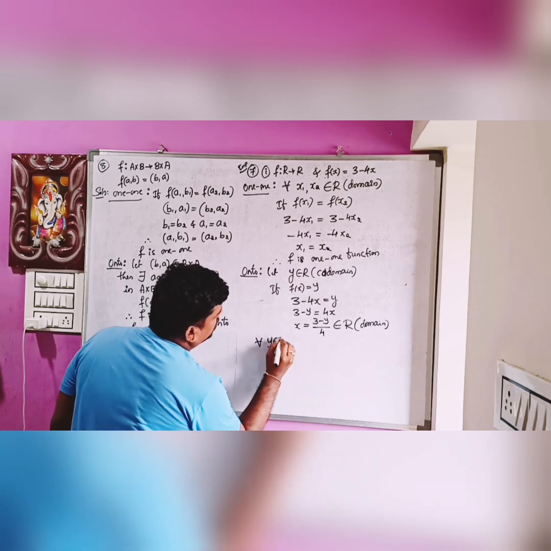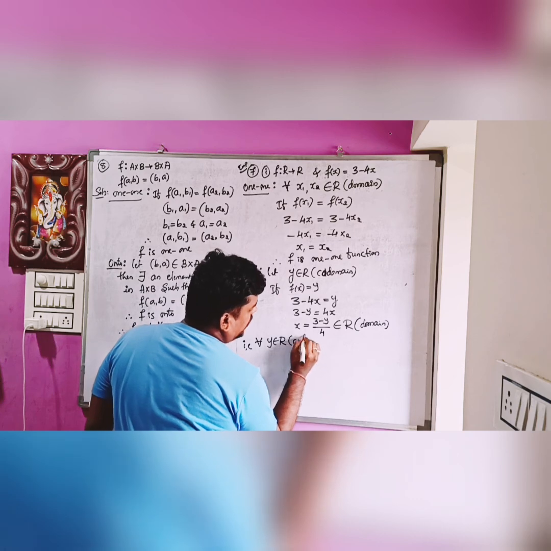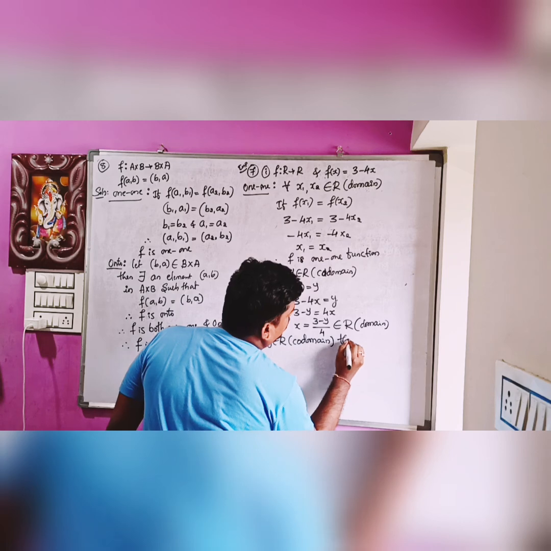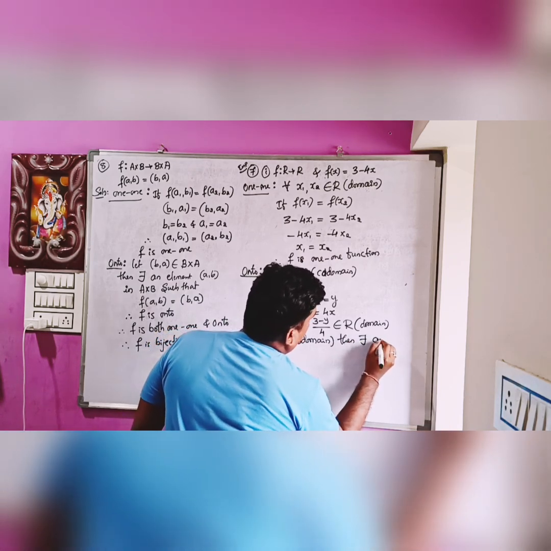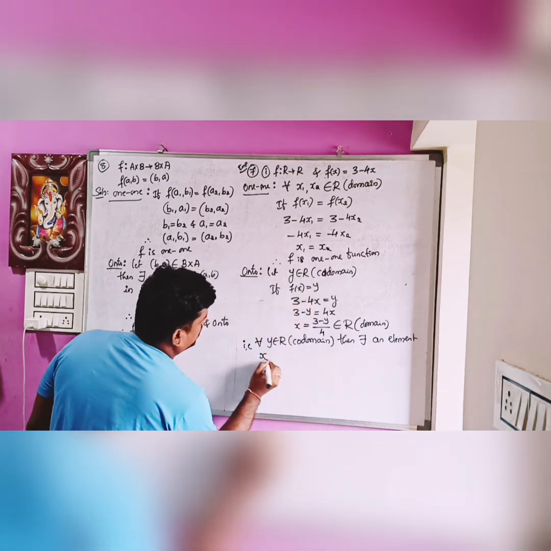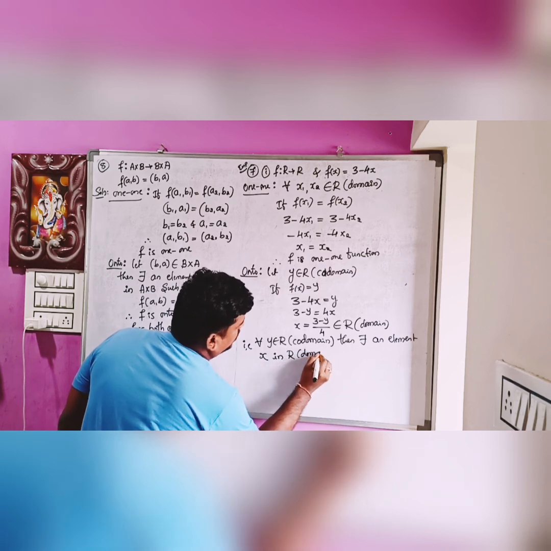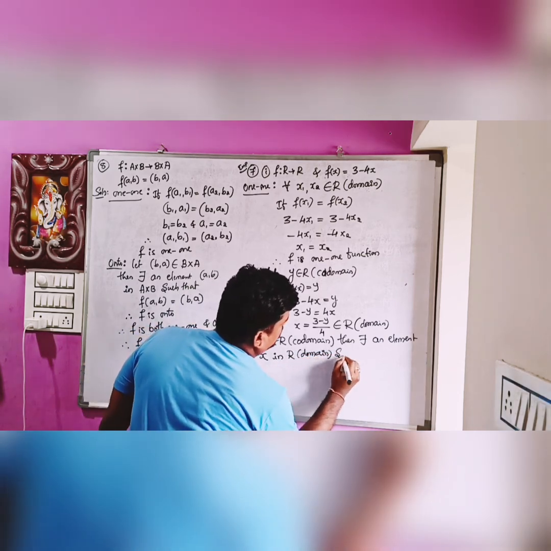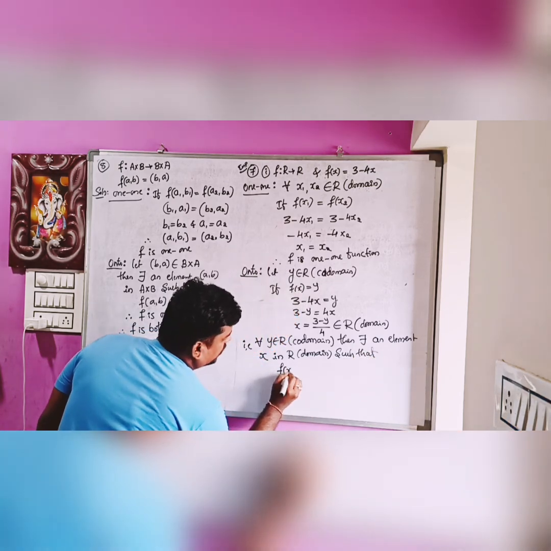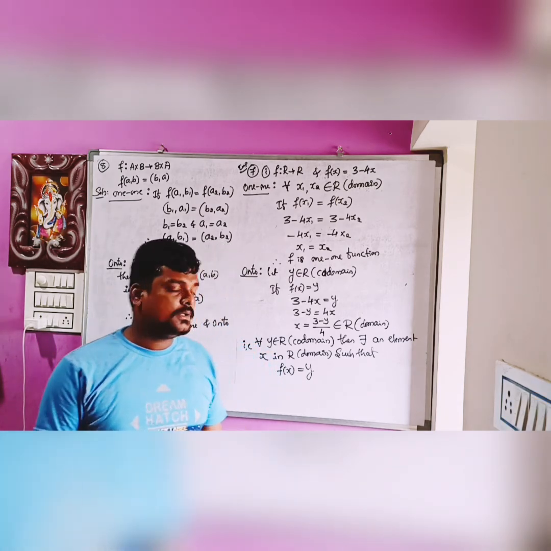For all y belongs to R codomain, that is, if there is an element y belongs to the codomain, then there exists a corresponding element x in R, that is the domain, such that f of x is equal to y.